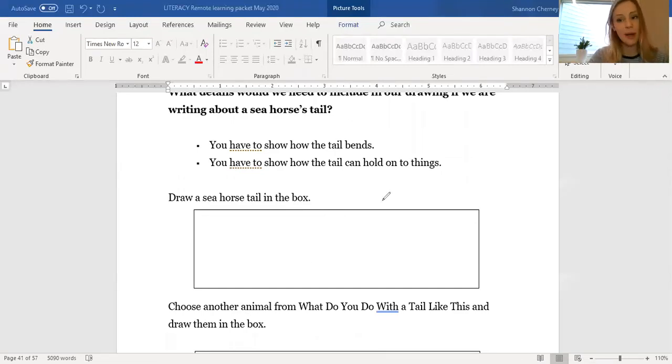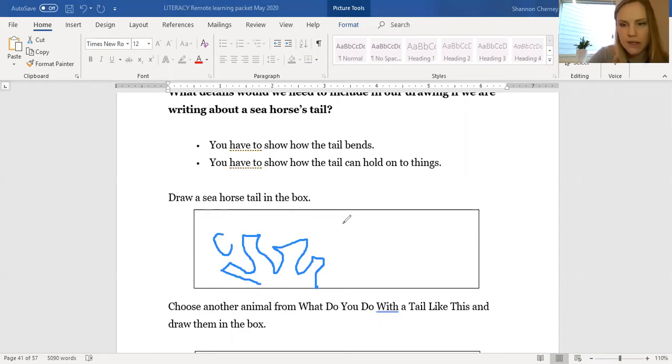So let me try my best to draw a seahorse tail that bends and can hold on to things. Remember, you know that Miss Cherney is not the best drawer in the whole world, but I'm going to try my best to draw some coral. Ooh, look at that coral right there. I'm going to label that C for coral. And then I'm going to add my seahorse now.